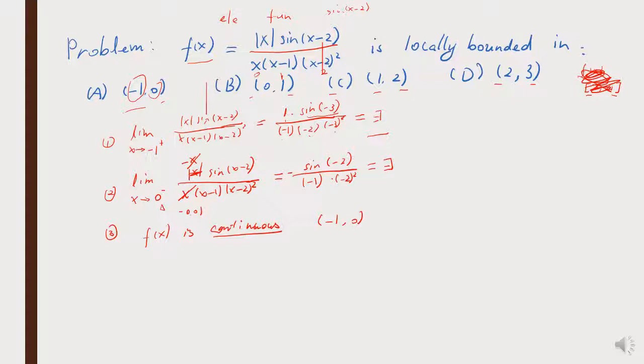Within this interval f(x) is defined and continuous, so f(x) is bounded within such an open interval. Since we have checked the two endpoints one by one, we can conclude that f(x) is bounded.